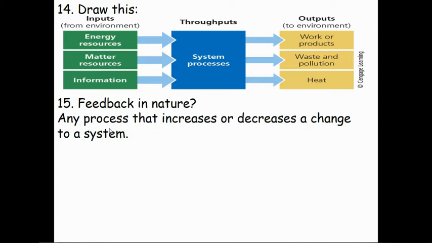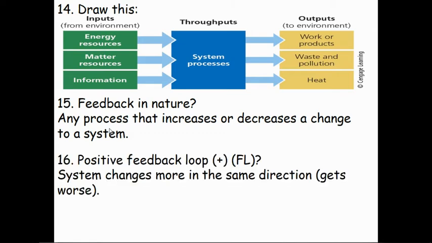That would be an example of negative feedback. Okay, so it has nothing to do with whether or not it's good or bad for the planet or the environment. It's just whether or not the output makes the system happen again and again and again, or if it brings the system back closer to an equilibrium and counteracts that effect.